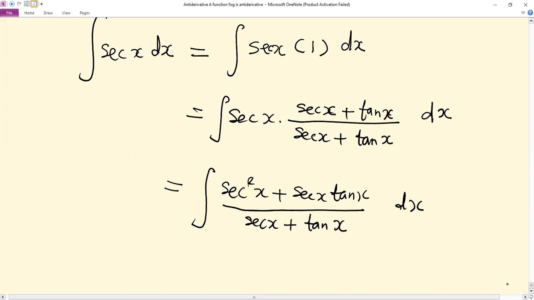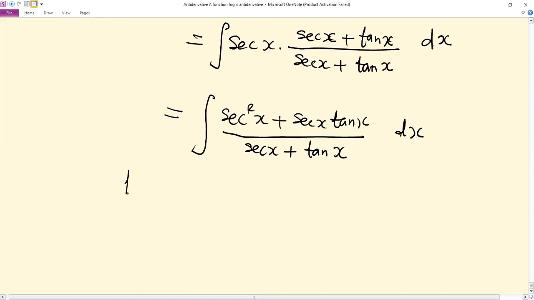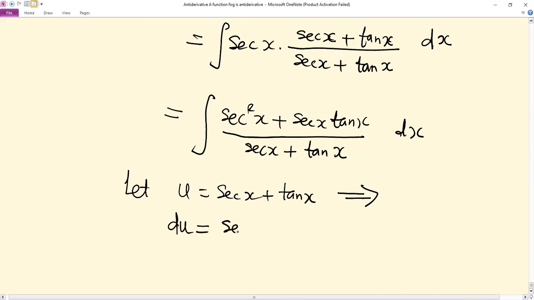Now we let this denominator be u. So let u be sec x plus tan x. Then this implies, from what we did on differentiation, du is sec x tan x, and then plus, when you differentiate a tan function, you get a sec squared function, and then dx.